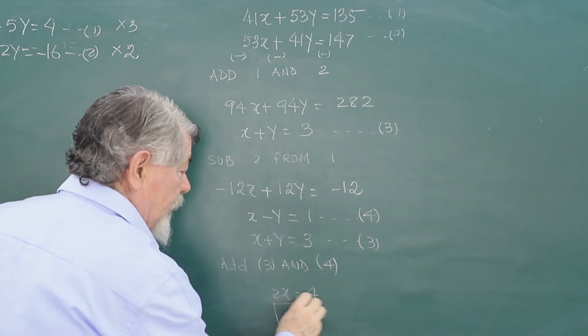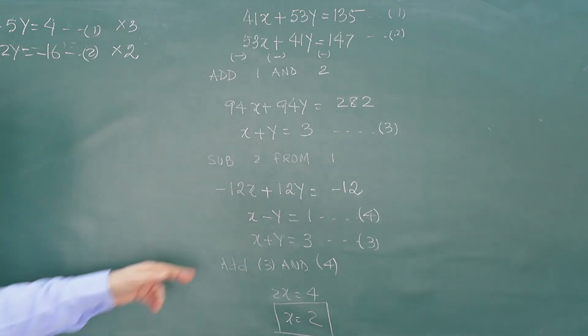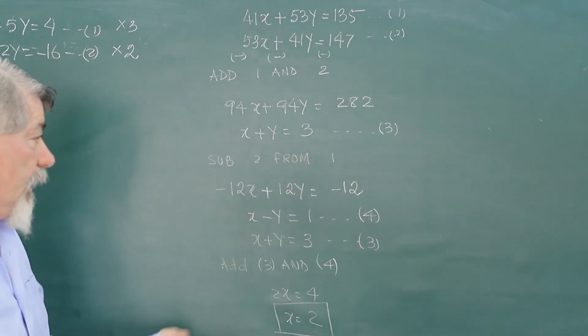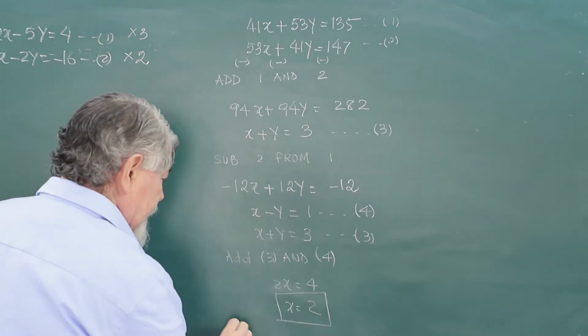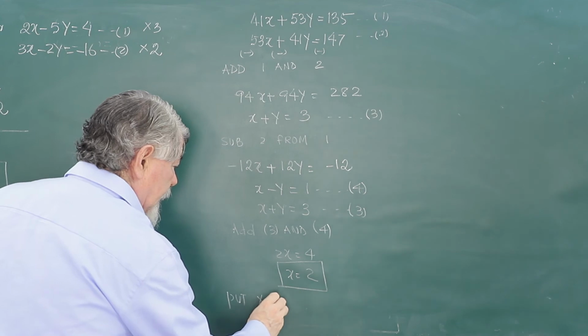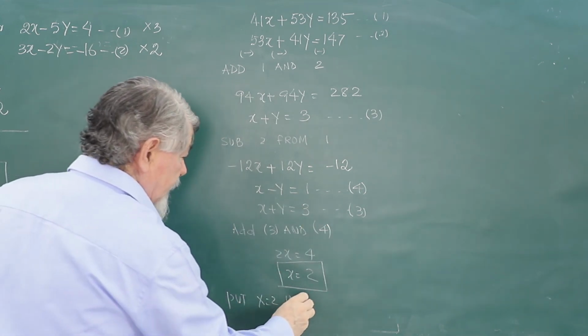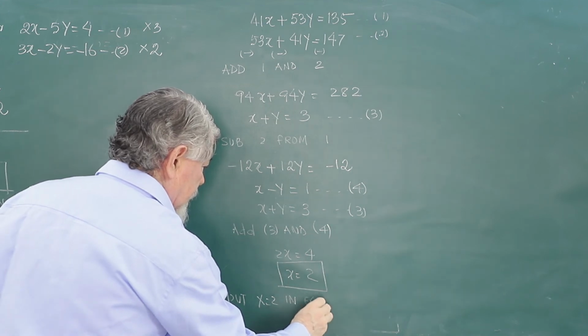So you got the value of x as 2. And this value of x you can substitute in 1 or 2 wherever. Put x is equal to 2 in equation, suppose 3, in equation 3.